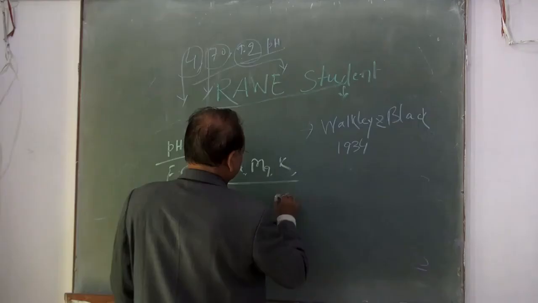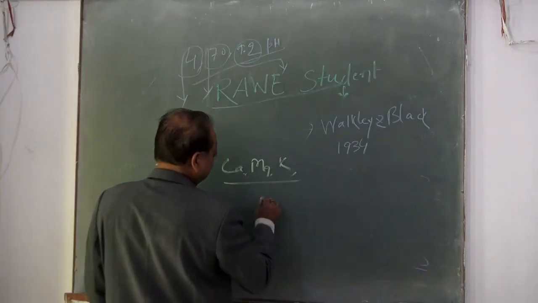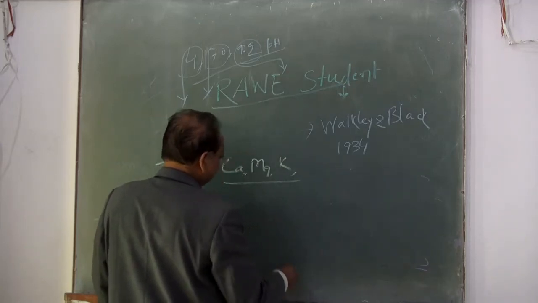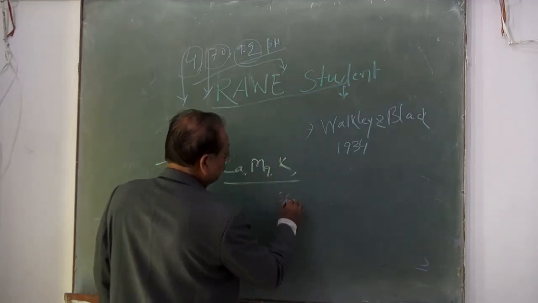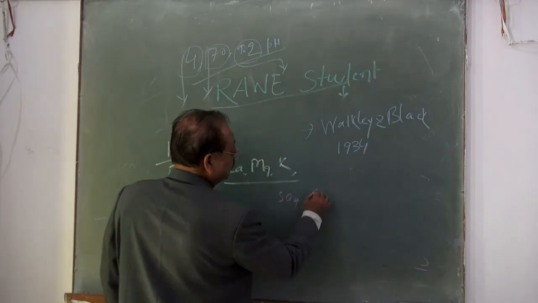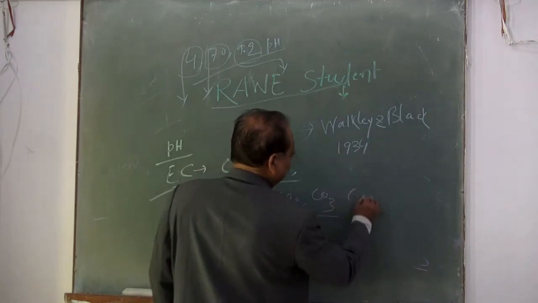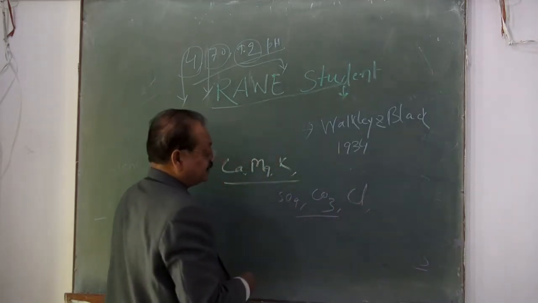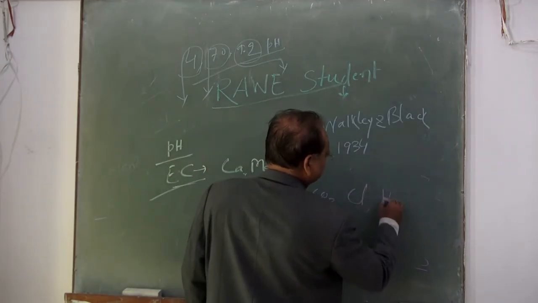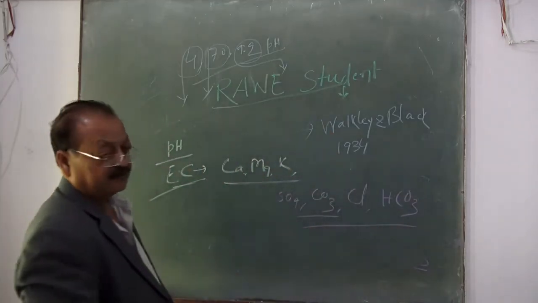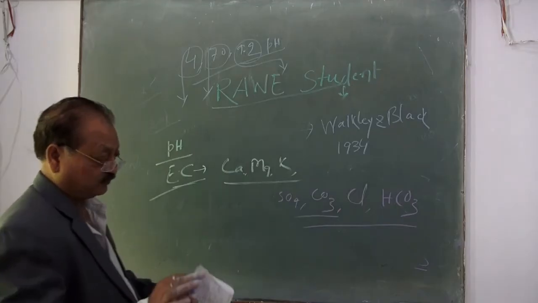And what are the anions most commonly present in the soil? That is sulfate, carbonate, chloride, and bicarbonate. These are the most common anions present in the soil.